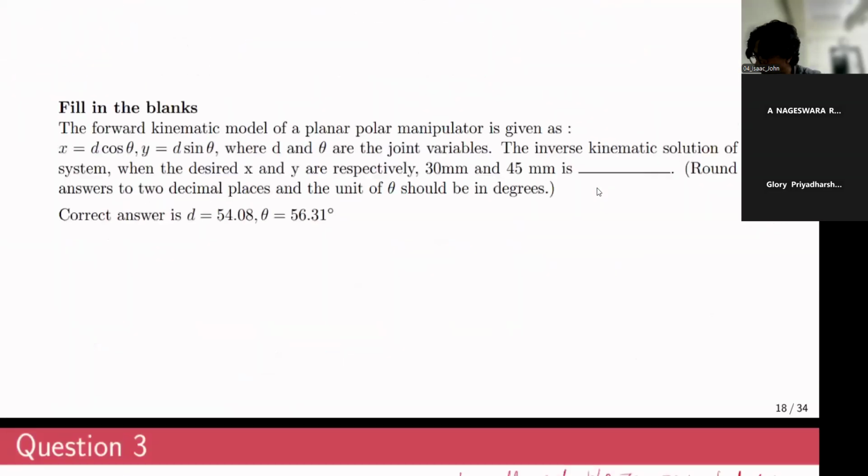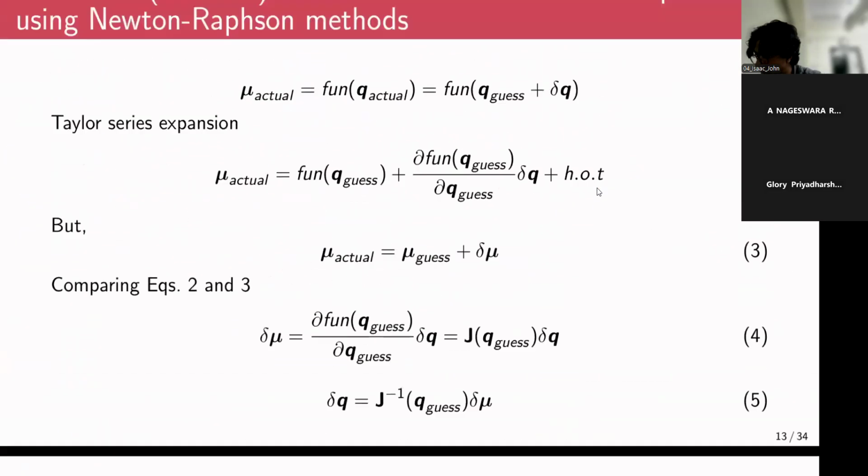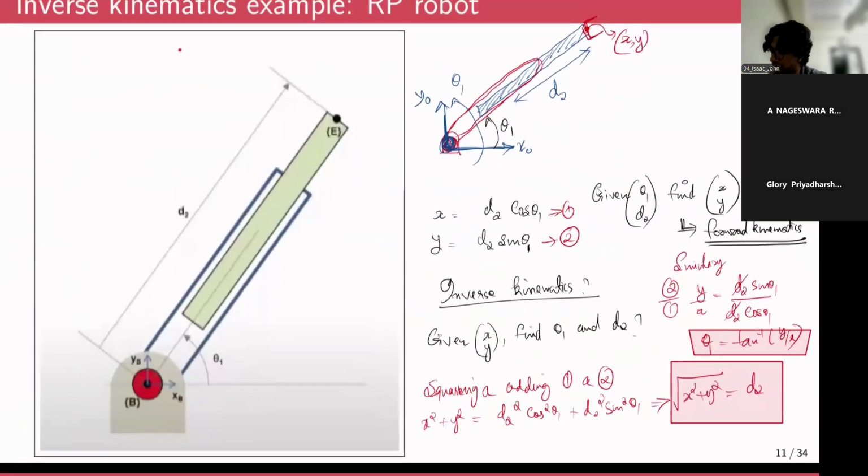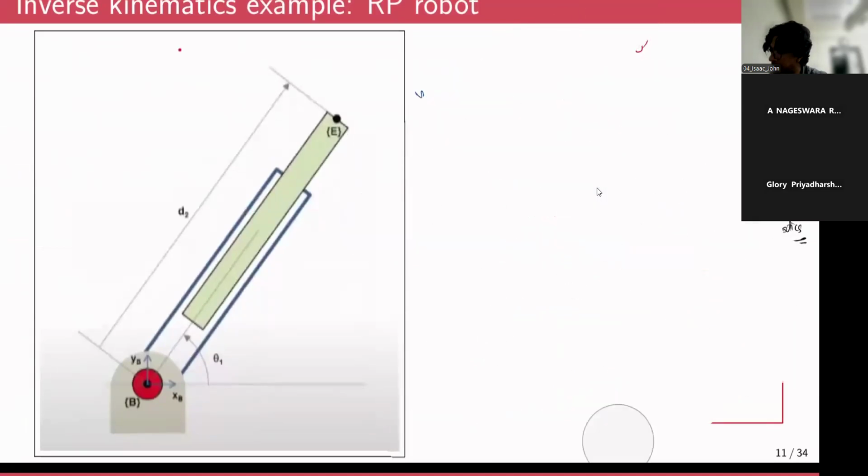So let me try and find an example where we have prismatic joints. Yeah, in this example over here. So here you have basically two links. I'll just depict that sequentially.